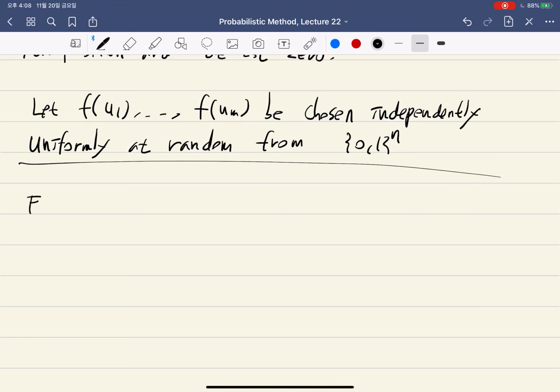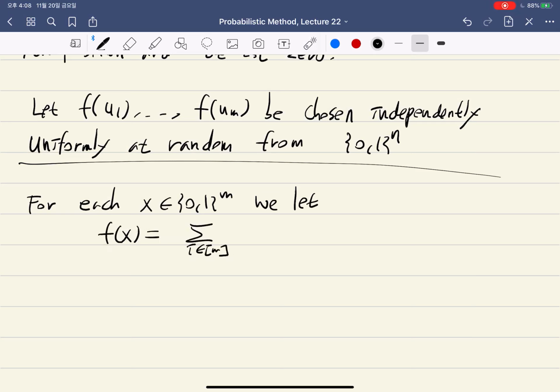And naturally, to make it a group code, for each 0, 1 vector x of length m, we simply let f of x be the summation of xi times f of ui.